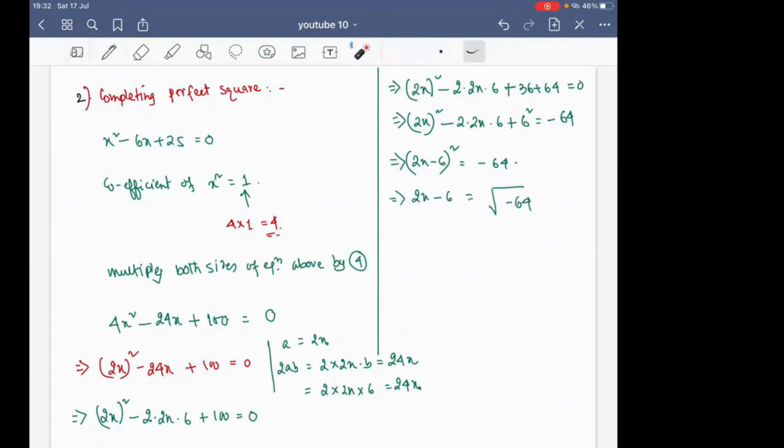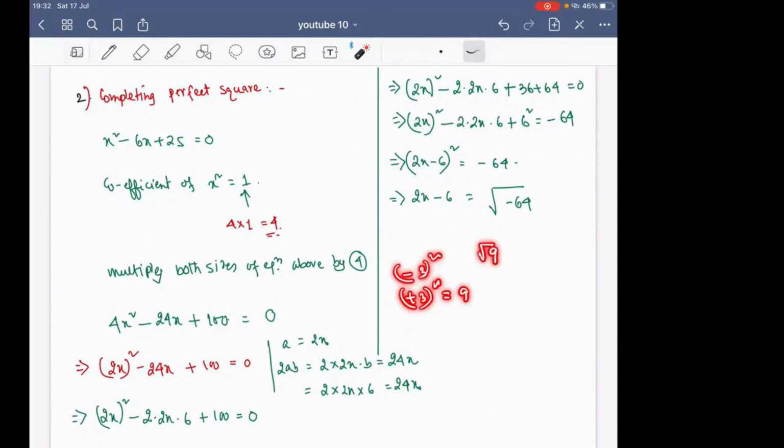What you should also keep in mind while taking a square to the other side, when you change the square as a square root on the other side, you should put two signs here, plus and minus. Why? Because minus 3 whole square is 9, plus 3 whole square is also 9.